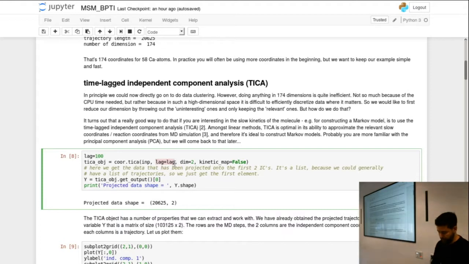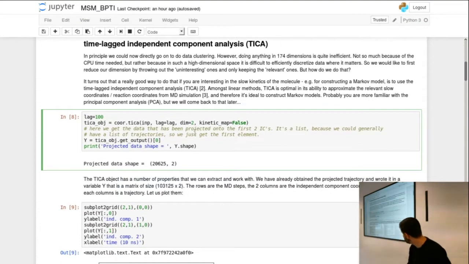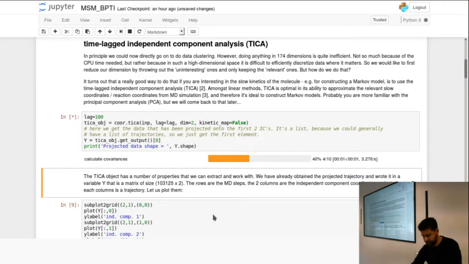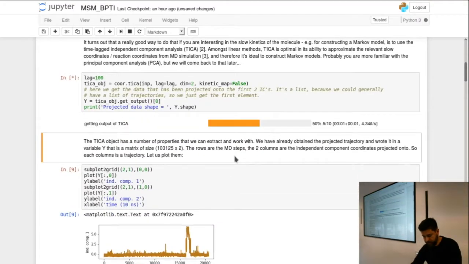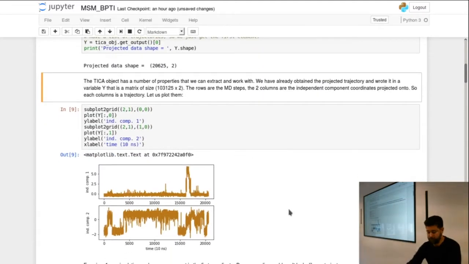And because I specify that these are the dimensions that I want, it's going to have two dimensions, as it does. It runs very fast because the trajectory is short, and there we go. One trajectory with 20,000 frames and 2 columns.